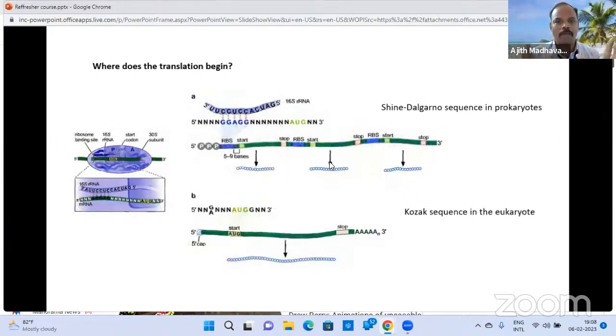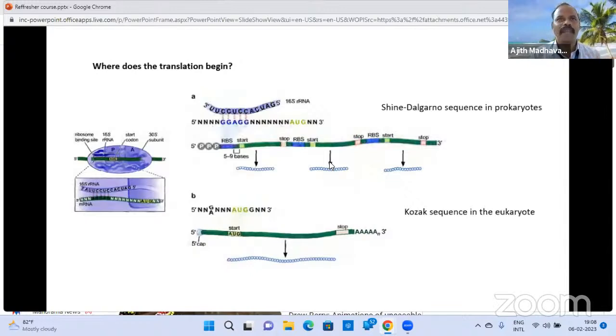You have a ribosome. The ribosome in a certain region has another RNA molecule. That RNA molecule is called the 16S rRNA molecule. What is that S? The S is called the Svedberg unit.